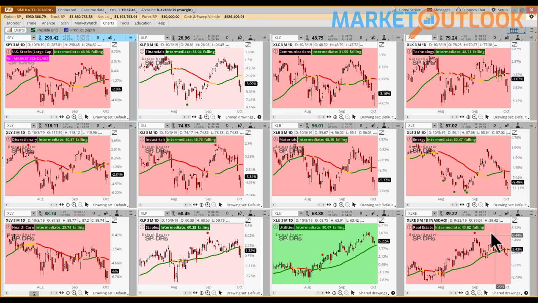So even though real estate doesn't have the best posture right now, the fact that its price is above a rising moving average is telling you that at least price candles themselves are holding up reasonably well compared to the alternatives that are out there. You'll also note that real estate was up 1.19% today, second only to technology. I mentioned before that the NASDAQ did really well today.